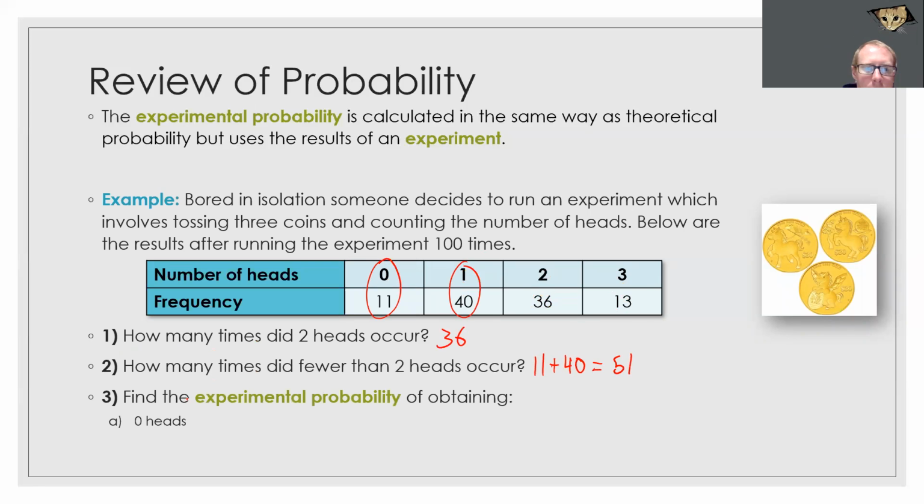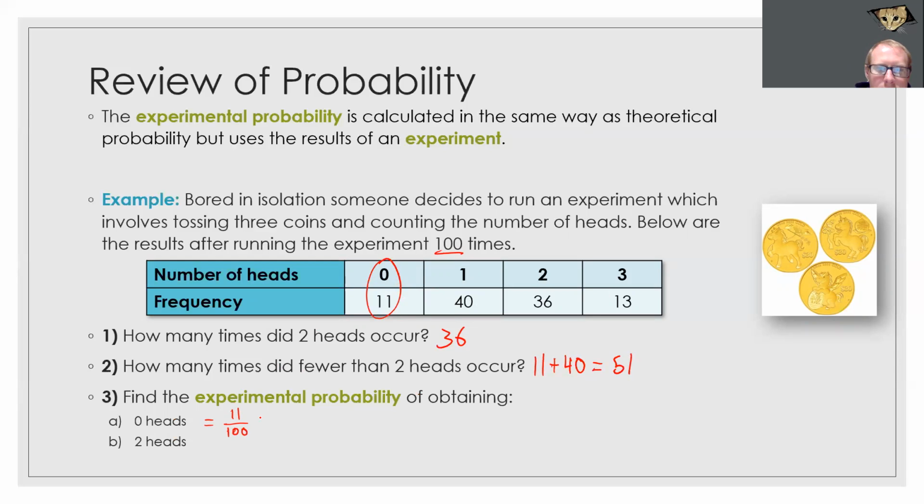Now we're finding experimental probability. So now we need to write this as a fraction. How many times did we get 0 heads? Well, that's 11. But now, sorry, it's not how many, it's what's the probability that I got 0 heads. According to this experiment, it was 11 out of my total, which is 100. So 11 out of 100.